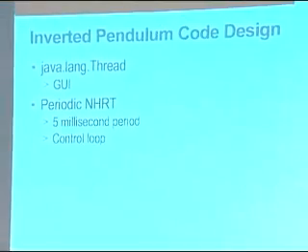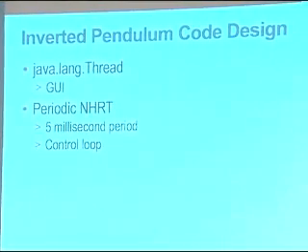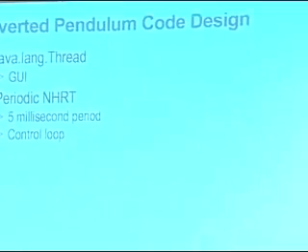If we could attach a GUI to this, we could look at some things going on and do some control there. And there's a periodic no-heap real-time thread with a 5 millisecond period control loop. It's a pretty simple system design, but it shows we do non-real-time and hard real-time work on the same VM, and we never get it mixed up.